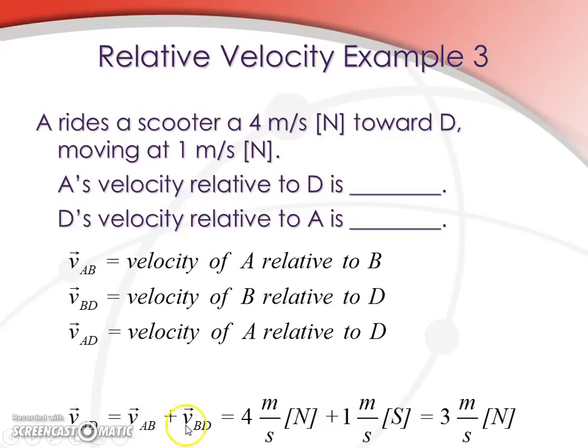And this is because we had our velocity of D with respect to B. But you'll notice that in the case up above, we have the velocity of B with respect to D. So we reverse the sign, made this south, and we subtract to get 3 meters per second north as our relative velocity of Anita with respect to Daryl.